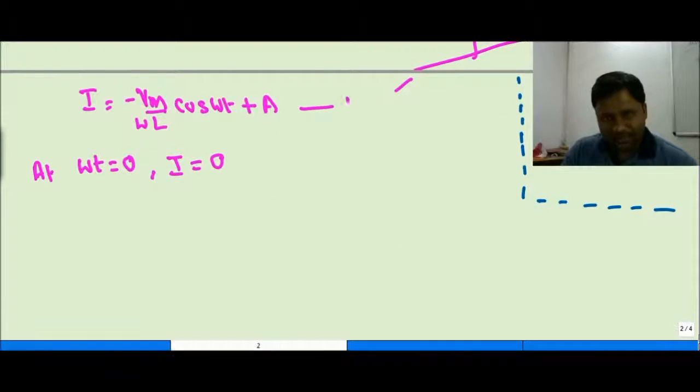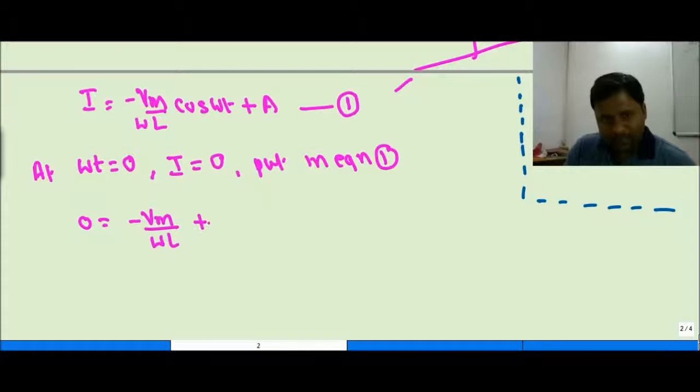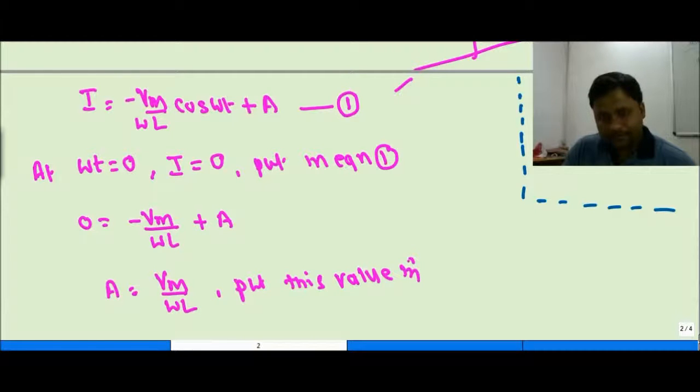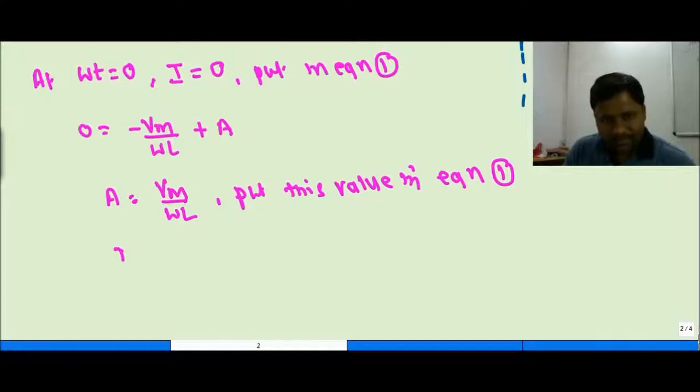Put this value in equation 1: 0 equals minus Vm upon omega L plus A, so A equals Vm upon omega L. Put this value in equation 1, then I equals Vm upon omega L times (1 minus cos omega t).